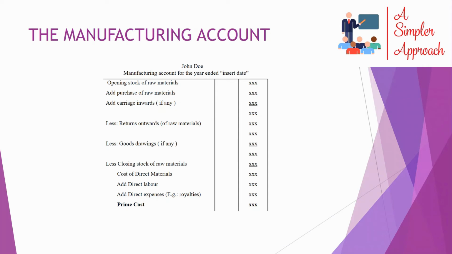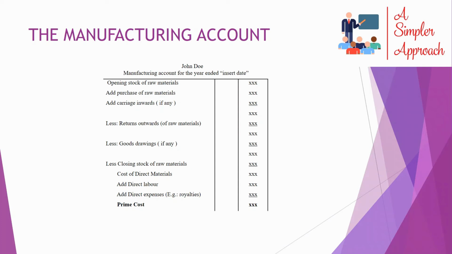Now, because of direct material, what it is and its sequence, in order to get to here, cost of direct materials, you have all of this to deal with. Okay? The opening stock of raw materials, add any raw material that was purchased, add carriage inwards, if any. Then from that total, you subtract returns outwards, if any.